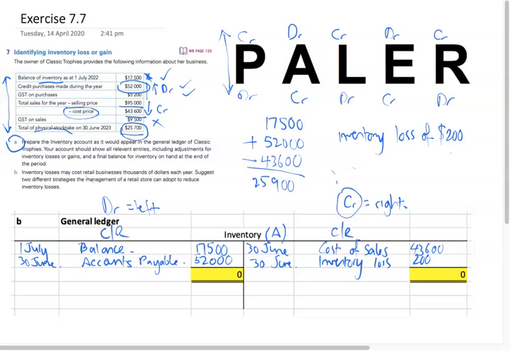Now we have enough information, absolutely, to balance this transaction. And you can see, be really careful, you need to balance this inventory ledger to finish this question off. So what do we do when we balance? We add up both sides and work out which side is the biggest.